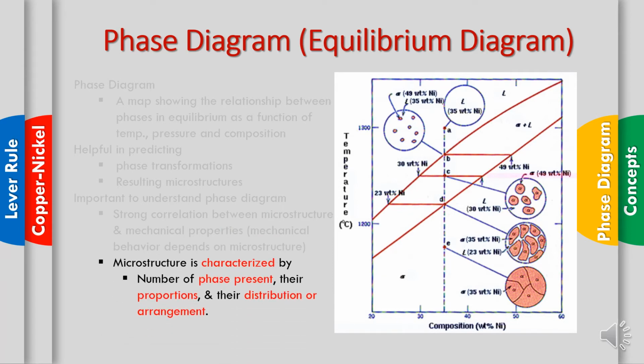A microstructure is characterized by the number of phases present and their proportions, whether in percentage number, in terms of solid or liquid or a combination of solid and liquid, and their distribution or arrangement.